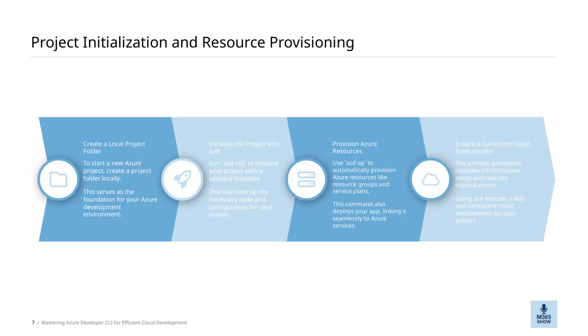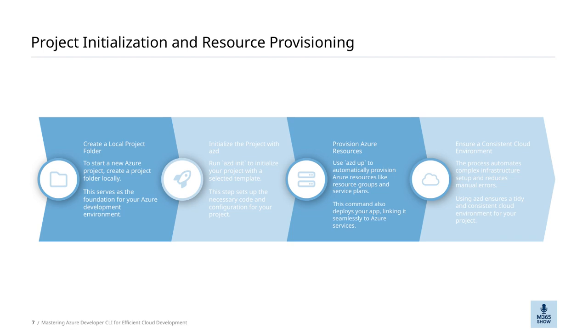Now, let's look at how project initialization and resource provisioning work together to streamline our cloud development process. When we talk about automating complex infrastructure setup, the key benefit is that it significantly reduces manual errors, making our deployment more reliable and efficient. Using the asd tool helps us keep our cloud environment tidy and consistent across different stages of development.